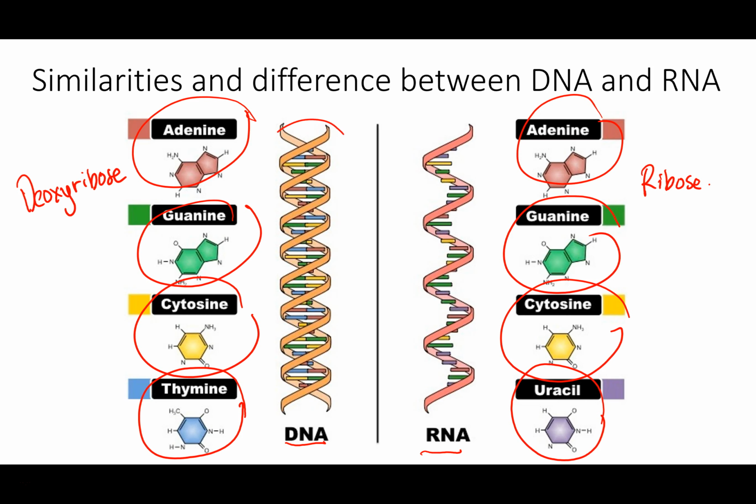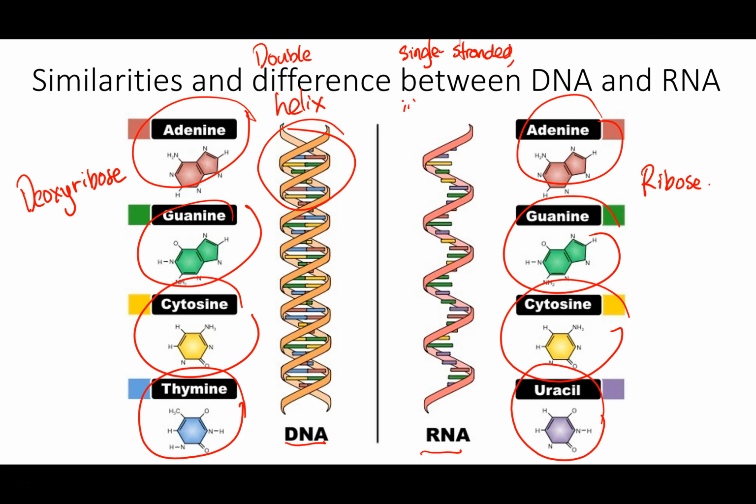DNA is double helix. You can see the helical structure over here. Double helix. And then RNA is usually single-stranded, so they only have one strand.